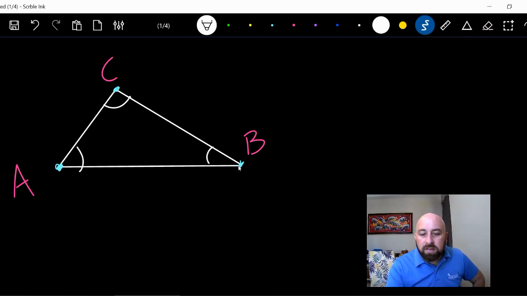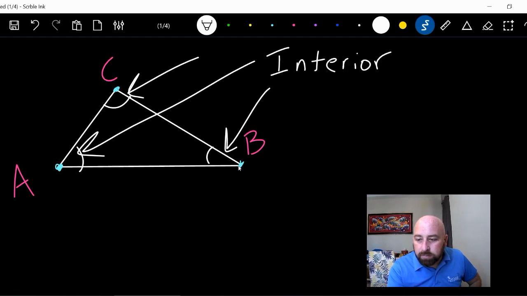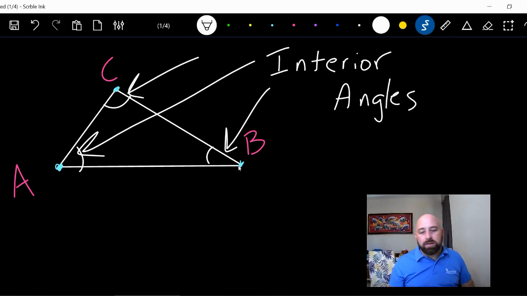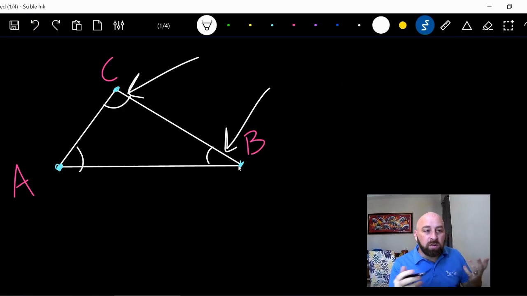All of these together are called interior angles. And why do you think they're called interior? Because they're inside the triangle. Those are the ones that we see and talk about all the time.